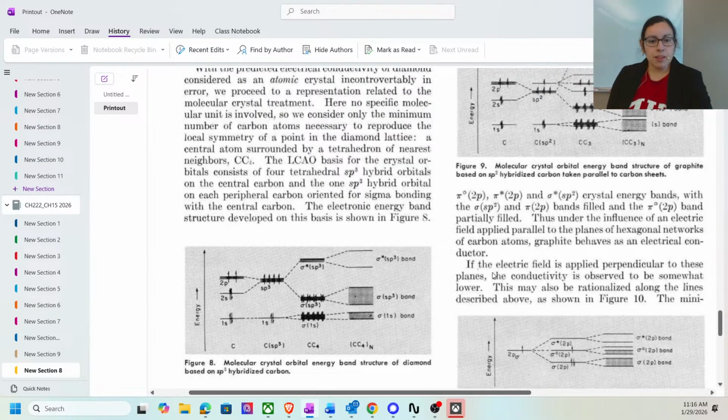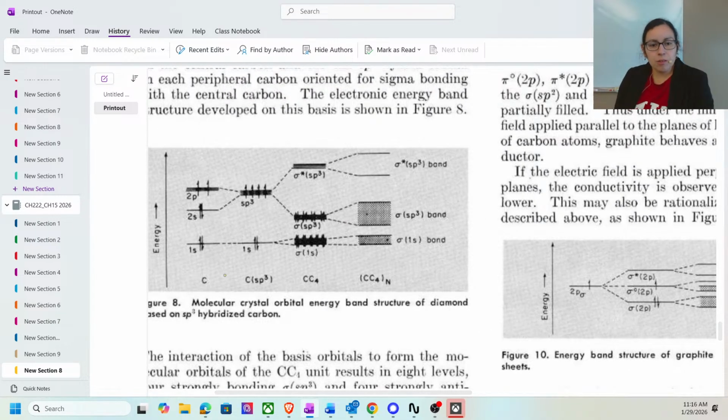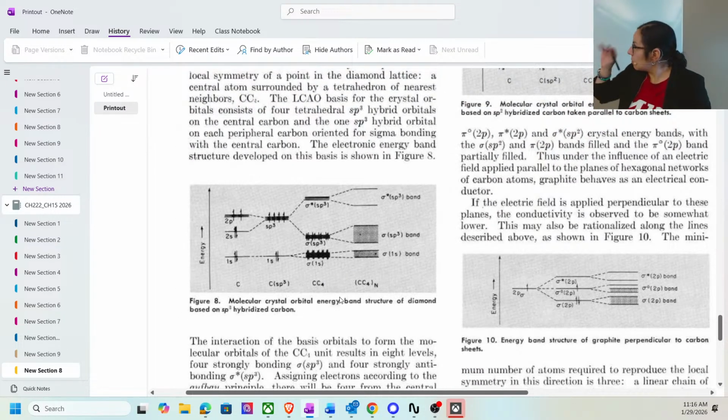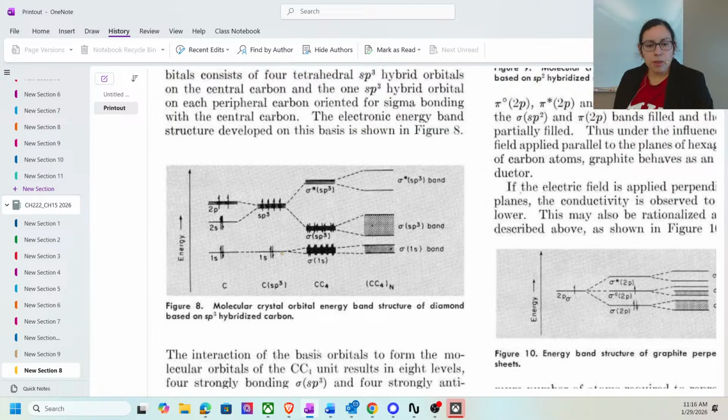So now let's look at diamond. What they've done is, now we've taken our sp3 hybridized orbitals, and then they add them with our carbon here. So they treat it separately. And this is what you do in higher orders of chemistry.